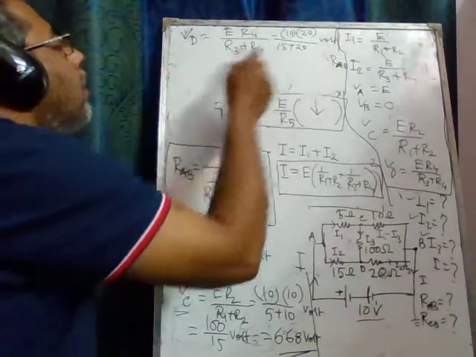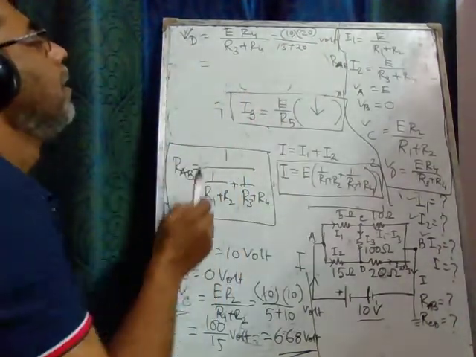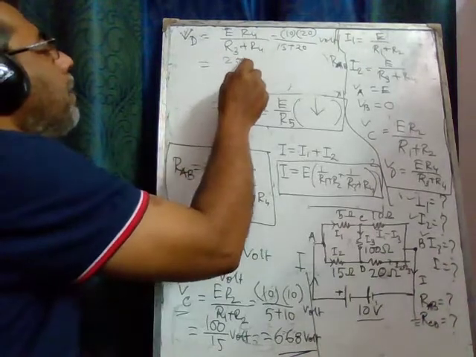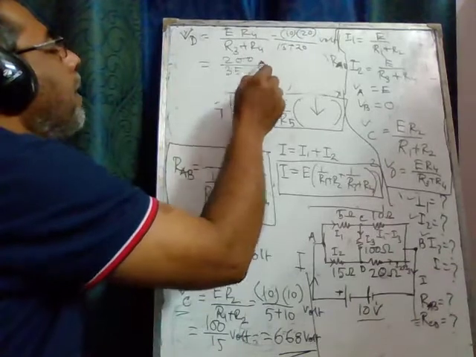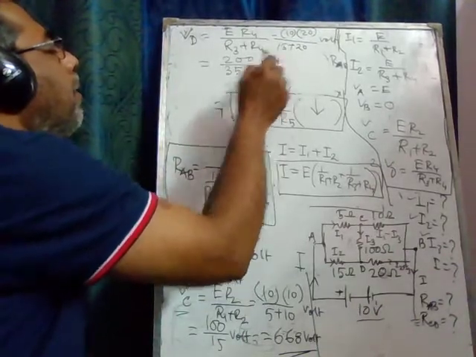So in the numerator we have 200, and in the denominator we have 35 volt.